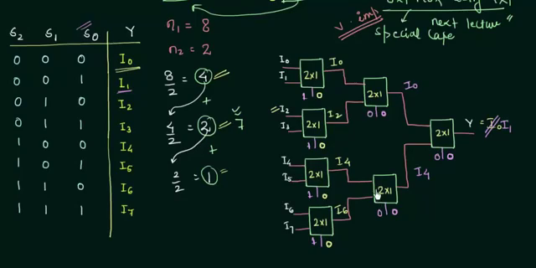Similarly in these 2 mux the select line is acting as S1, and in the last single mux it is S2. So we will write it as S0, S0, S0, S0. This is your S1, S1, and this is your S2. So in this way, the implementation of the 2x1 mux is done to obtain the 8x1 mux.